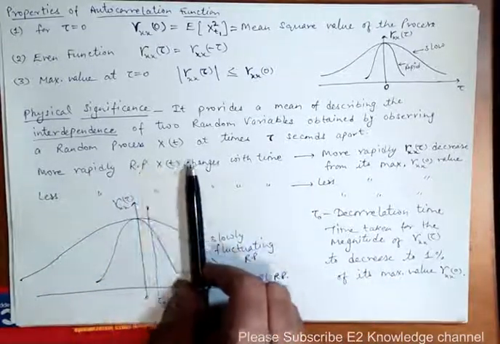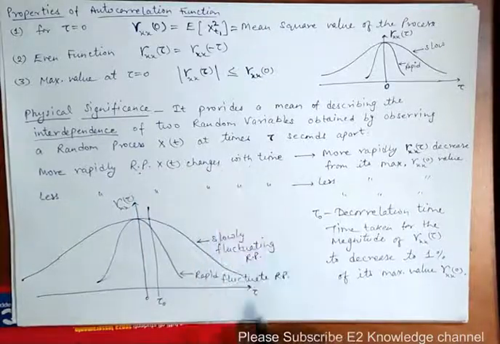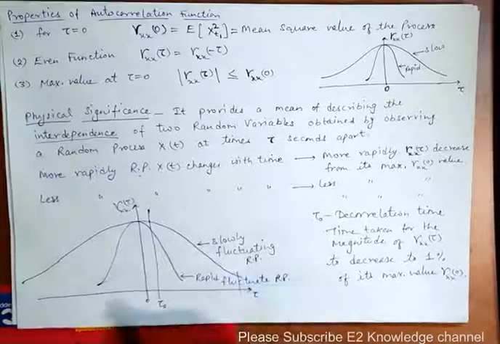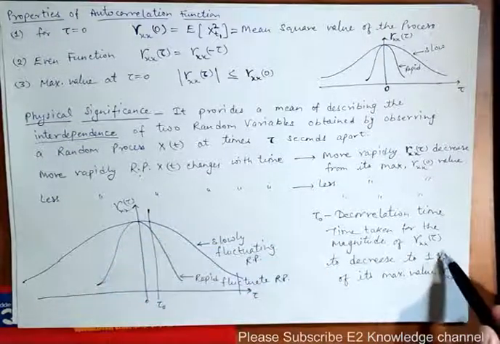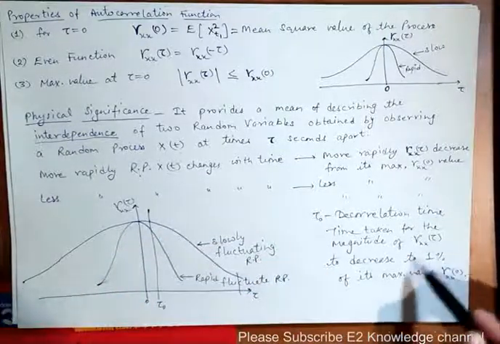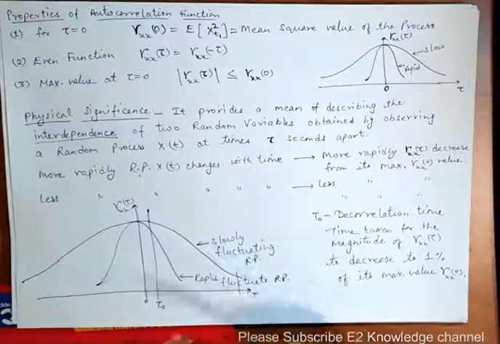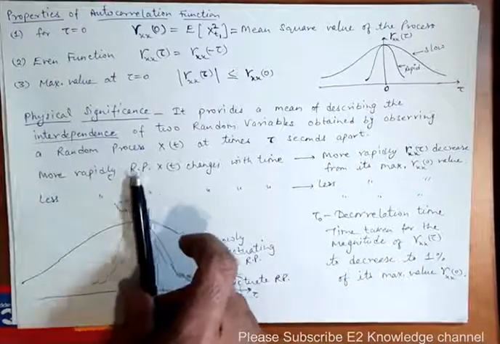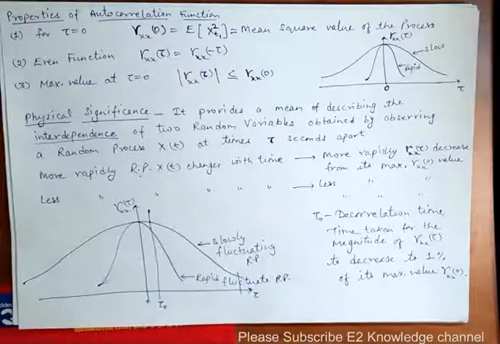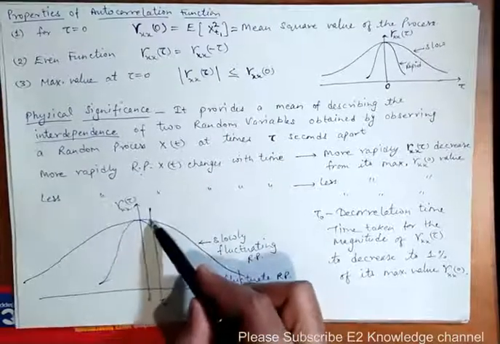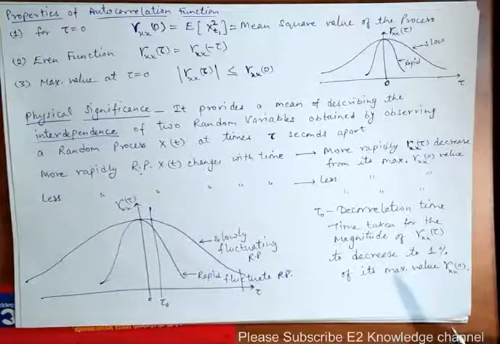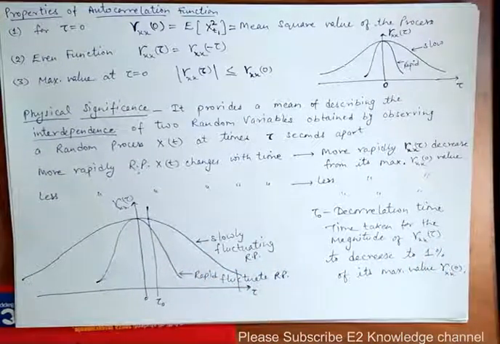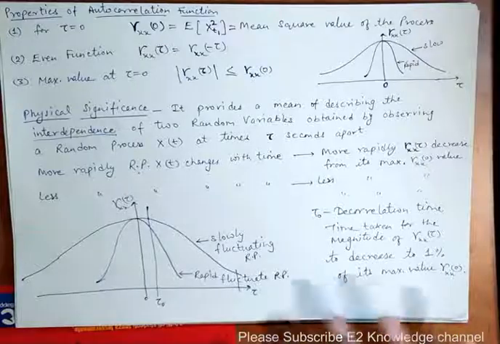It is 1% here, or if it is 90%, then it is here. So we can modify our definition as per need, but this is the decorrelation time. We can move this value to any level. If it is 90%, then it is just here, and for 1% it is here: the decorrelation time. So this is the significance of the autocorrelation function.